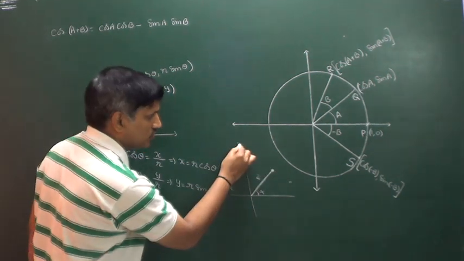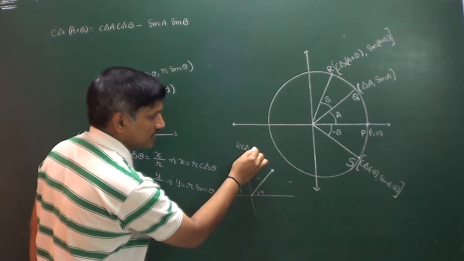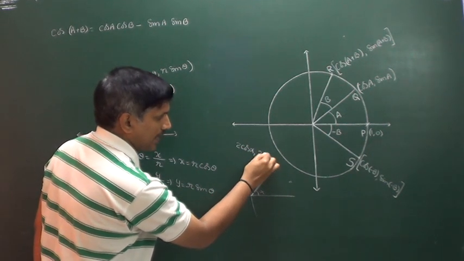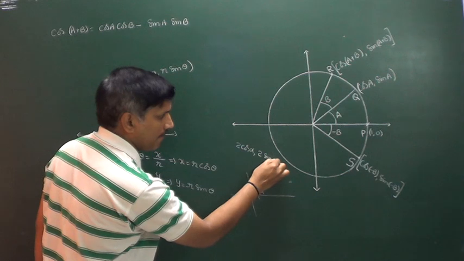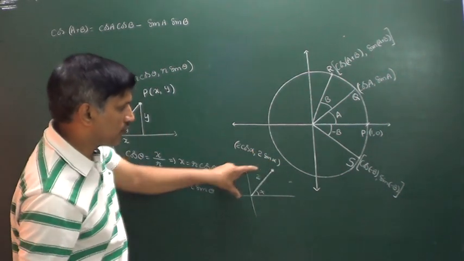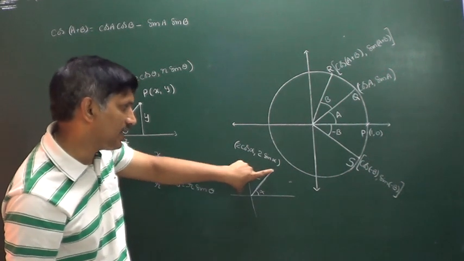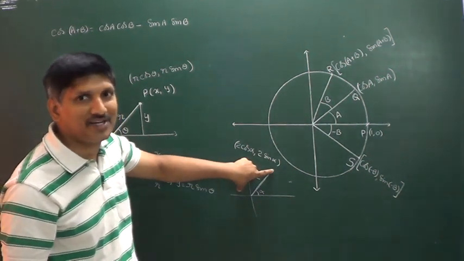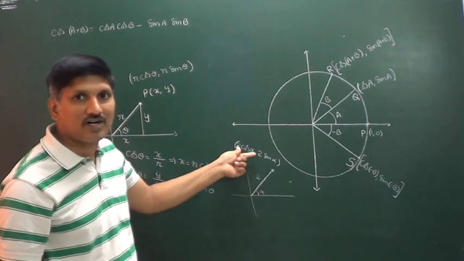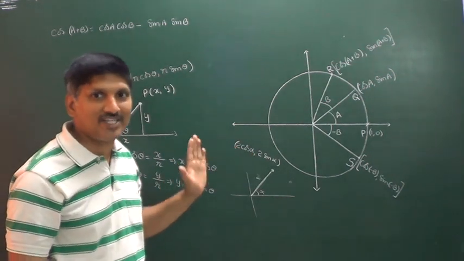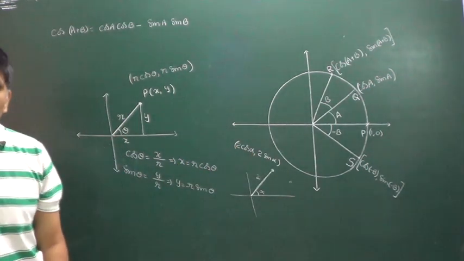That point is (2 cos alpha, 2 sin alpha). If you know this length and this angle, then we can say the coordinates of this particular point are (2 cos alpha, 2 sin alpha). That is the idea I am going to use.